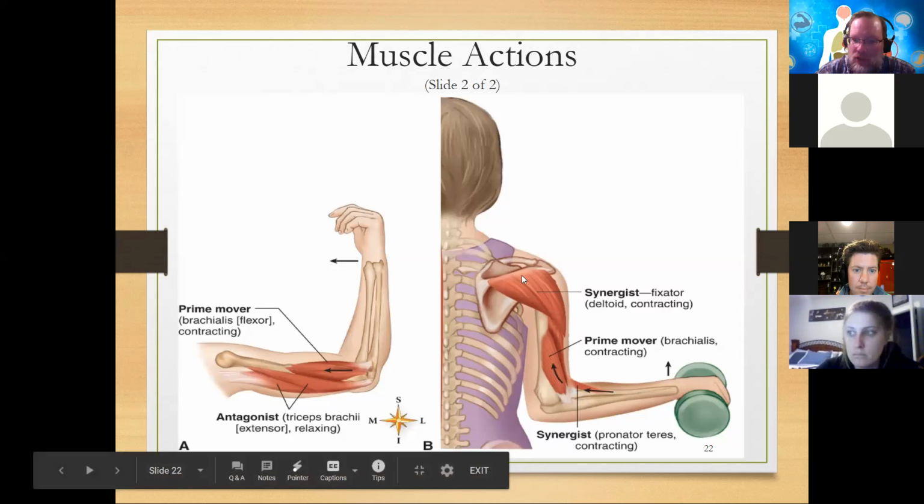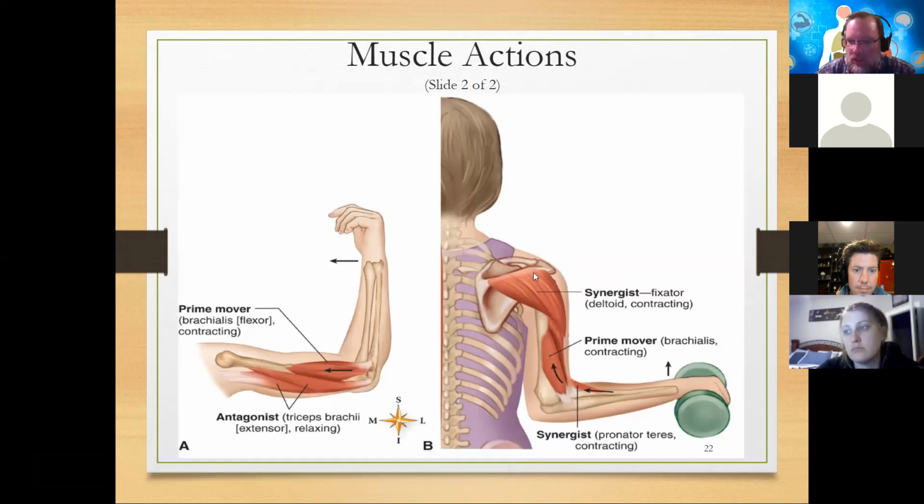We have a synergist that's going to help anchor the origin. The deltoid anchors on the scapula, primarily the spine and acromion, and then it inserts down here on the humerus, kind of near where the origin of the prime mover, the brachialis, is.